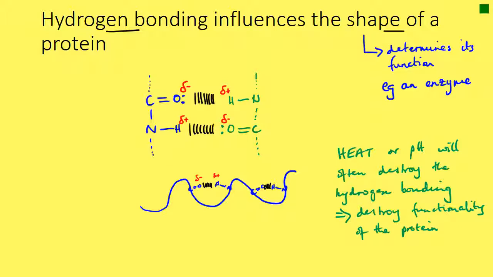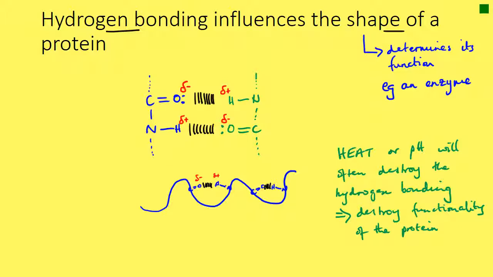So the heat or the pH will often destroy the hydrogen bonding and therefore destroy the functionality of the protein, because the functionality of the protein, of course, depends on its shape.